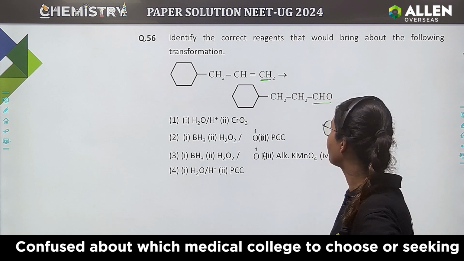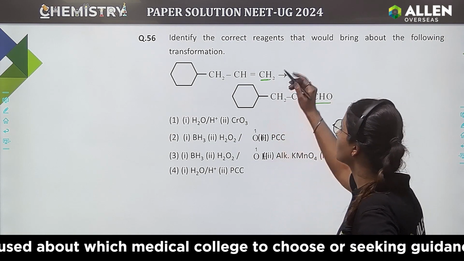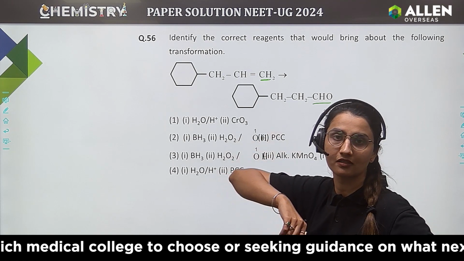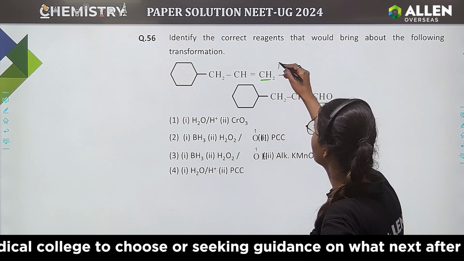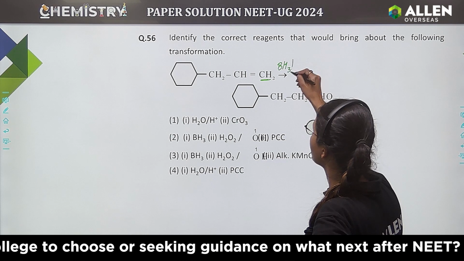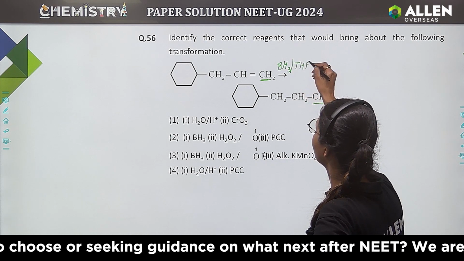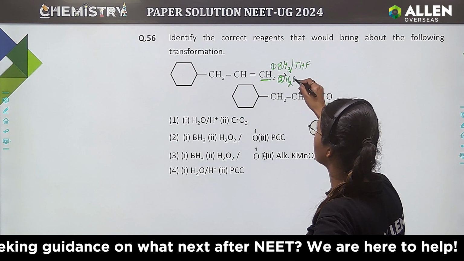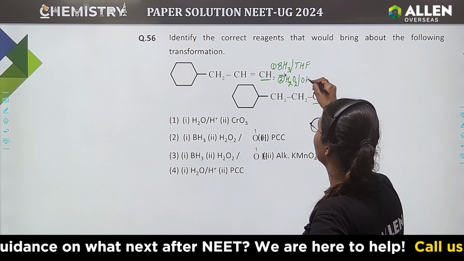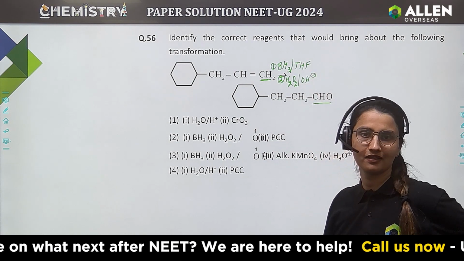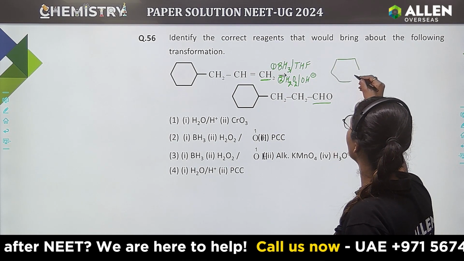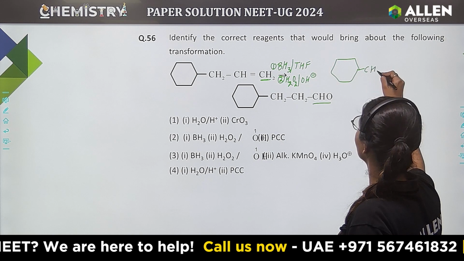So first thing first, students, in this I drew hydroboration oxidation. What is hydroboration oxidation? BH3 in presence of THF in the first step, and adding peroxide in presence of base in the second. What do I get? I will get, students, the anti-Markovnikov product.